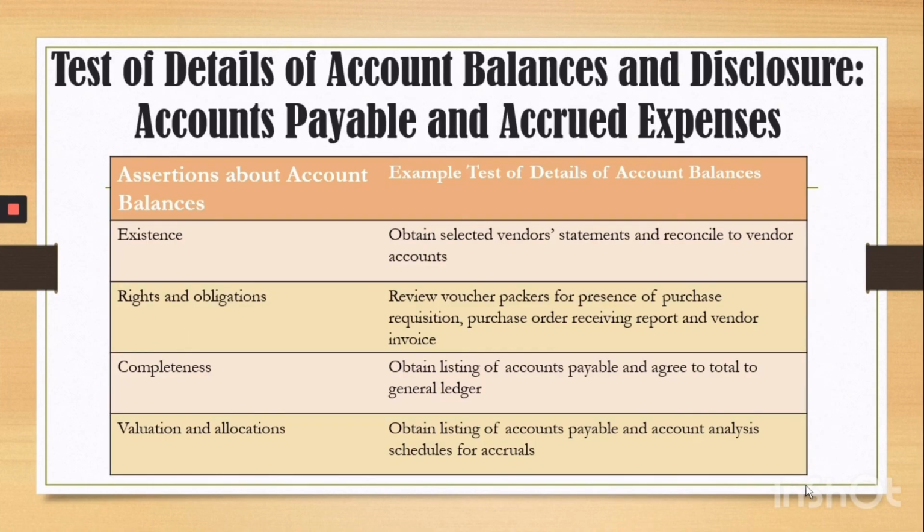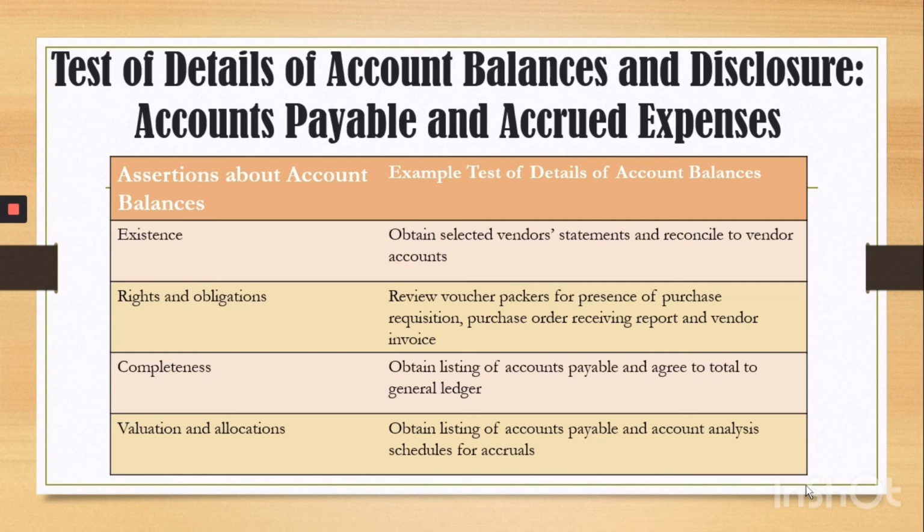Last but certainly not least is the test of detail of account balance and disclosure for accounts payable and accrued expenses. Normally, most of these tests are conducted as tests of control. However, if the controls are not operating effectively, or as I mentioned earlier, if the auditor did not rely on those controls, substantive tests of transaction may be necessary for the auditor to reach an appropriate level of evidence.